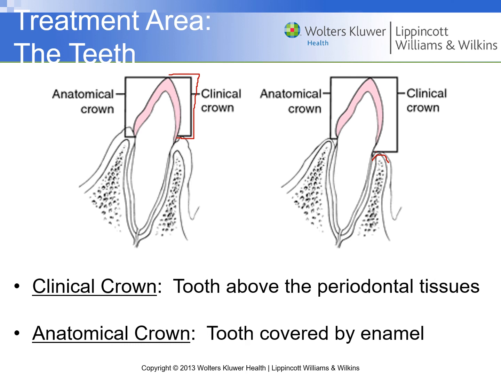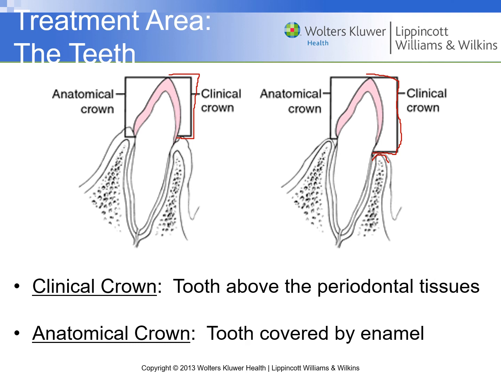If it has even root on it, that's considered the clinical crown, and it's what you're seeing above the gum tissues all the way to the top. So it would be longer on the clinical crown over here.